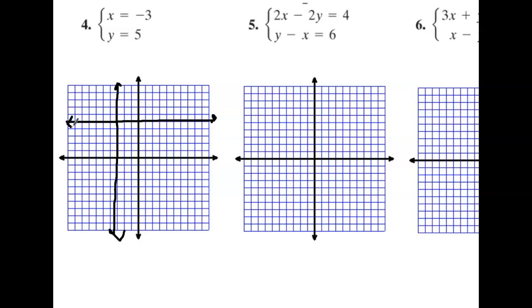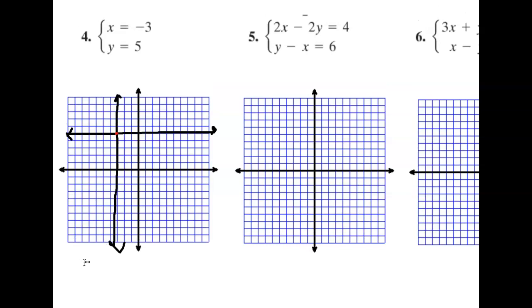So a horizontal and a vertical line still intersect. They intersect right here. And in this case, that point would be (-3, 5). So my solution is (-3, 5).